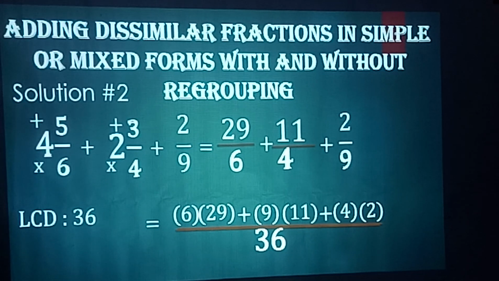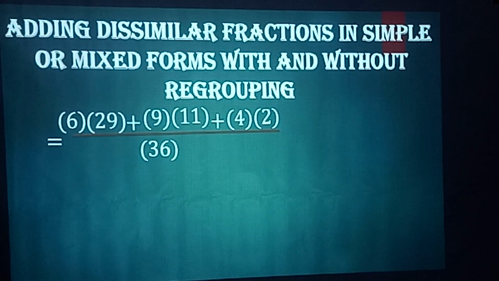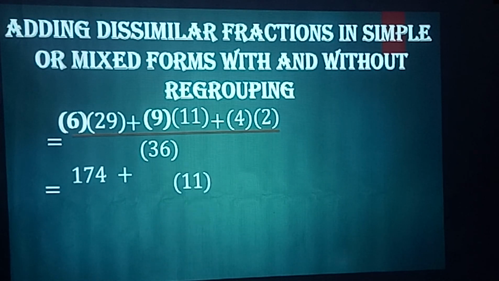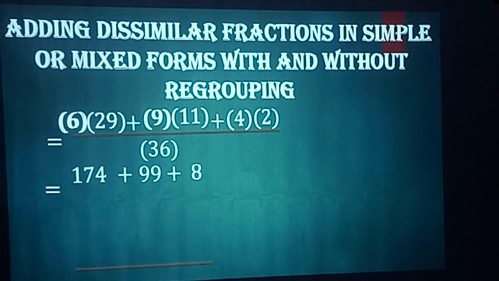Let me rewrite the 6 times 29 plus 9 times 11 plus 4 times 2 over 36. So, again, 6 times 29 is equal to 174, plus 9 times 11 is 99, plus 4 times 2 is 8 over 36.